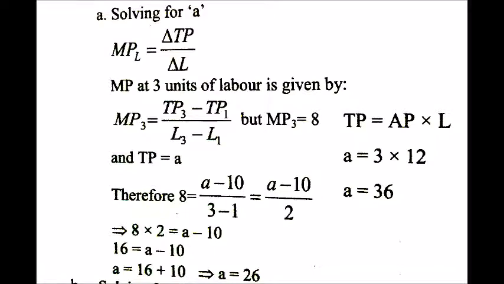You can only apply cumulatives when the differences equal 1, for example 1, 2, 3, 4, 5. That's why you can apply total product is equal to the summation of MP there. But where you have 1, 3, and so on, you cannot apply total product equals the summation of MP, or total product equals AP times L. If you use that formula, you get it wrong.